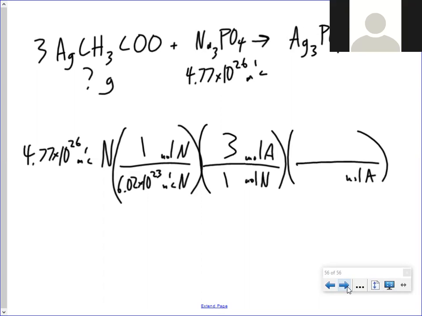We want grams. Now I need your calculator again. So we got to figure out how many grams are in that pool right there. Everybody ready with your calculator? Martin, help me out with the calculator. I'll even give you the numbers. Make sure you don't squint your eyes. We have 1 silver. Silver is 107.9.